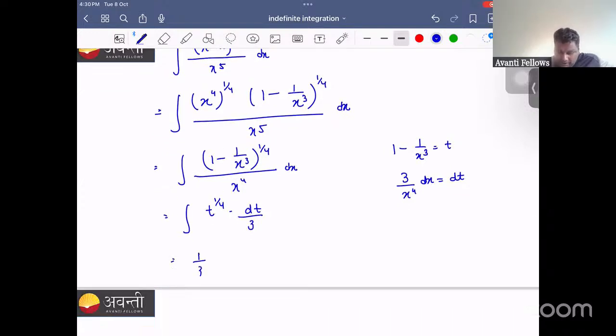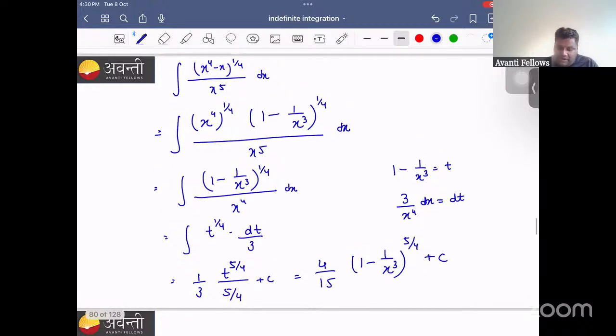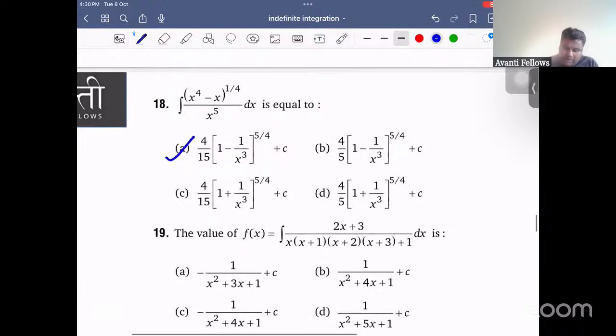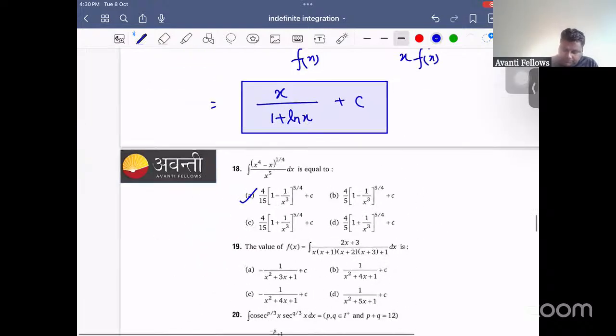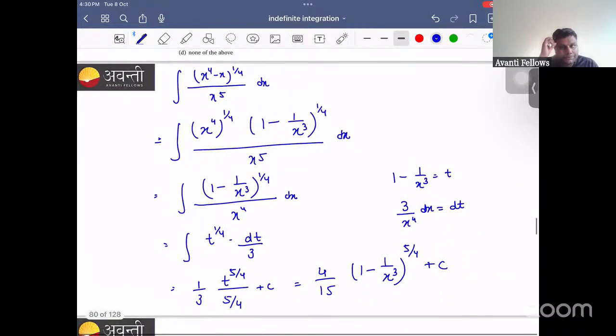So 1 by 3 outside, it will be t to the power 5 by 4 upon 5 by 4 plus constant. So the answer will be 4 by 15 times (1 minus 1 upon x cube) raised to the power 5 by 4 plus constant. So A is the correct answer, whoever marked it. Got it? Check it out once. Absorb it.